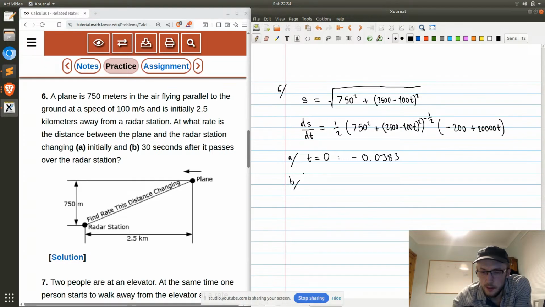Minus 100 times 30. How can that be? Right, so the first clue that this is just total nonsense is that it's negative. Then what did I do wrong?